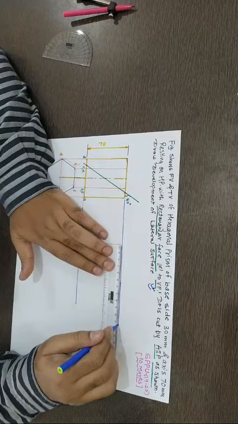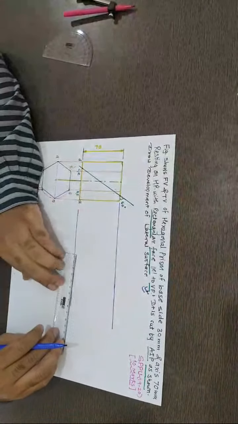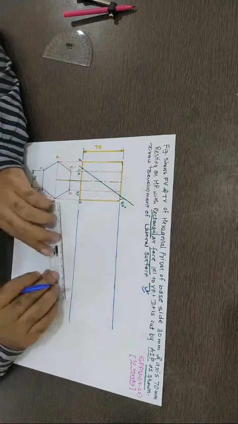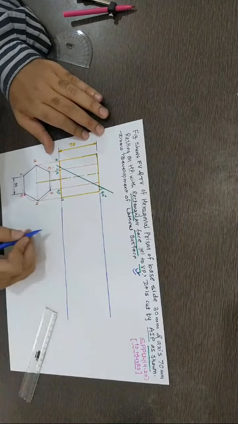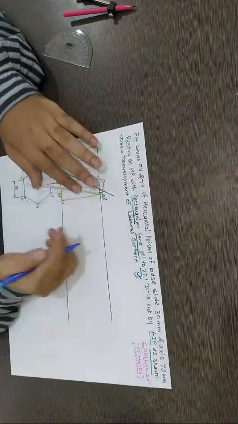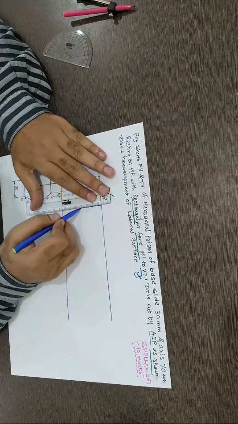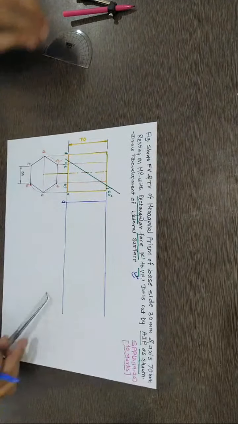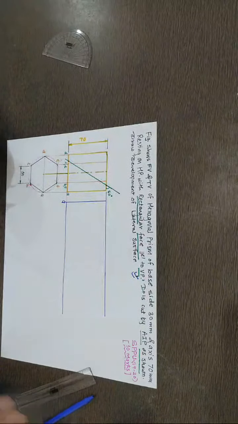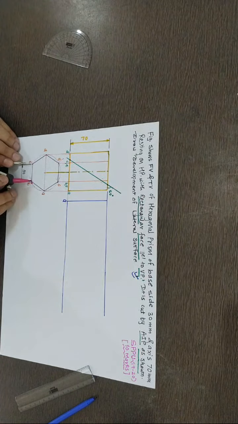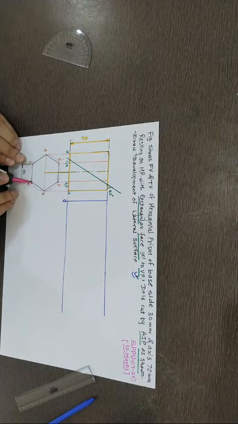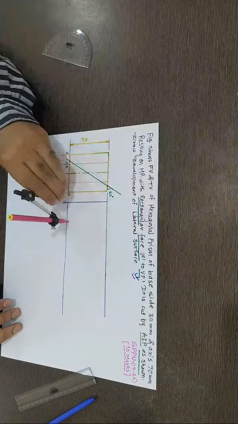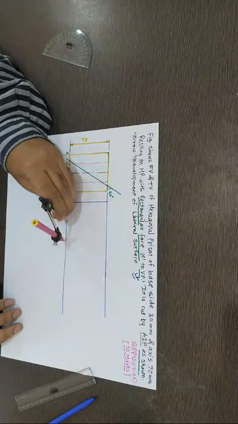As the hexagon has 6 base edges, one of length 30, if I start from this as a reference, suppose this is my first A, I'll take this distance of 30 in the compass as a radius, and from this I'll mark for my reference to complete the lateral development.